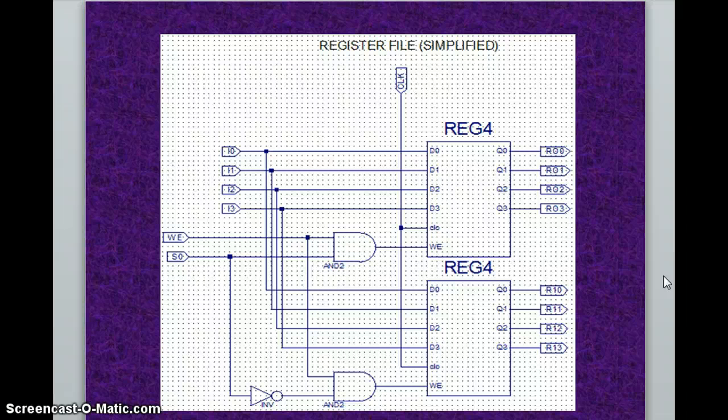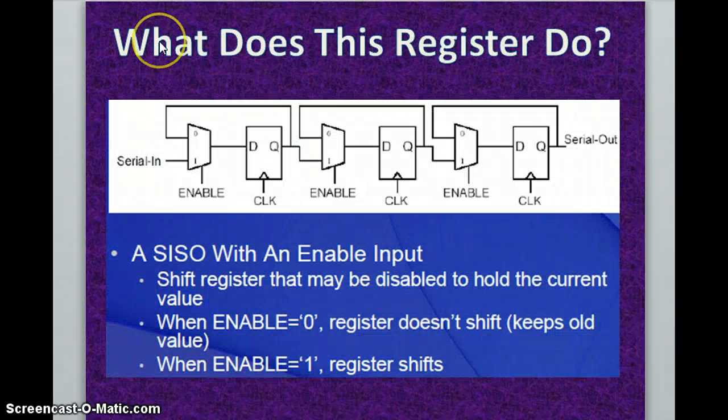Just remember, registers are for holding data, one flip-flop per bit. They can contain several options, including write enable. They can include a load function, an enable input function, a shift enable.